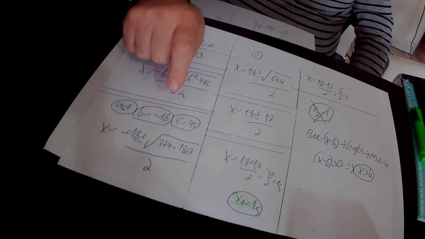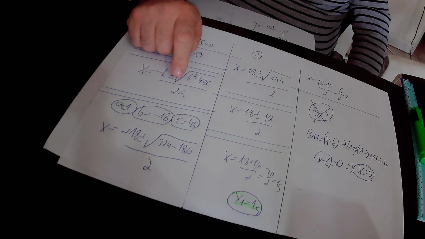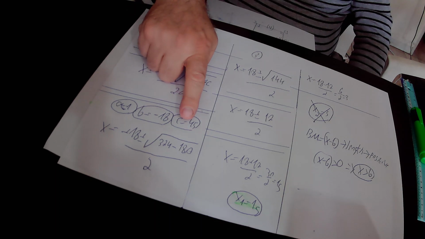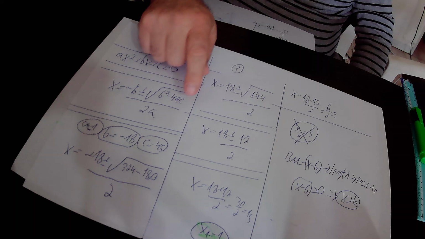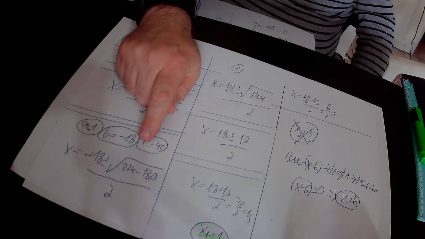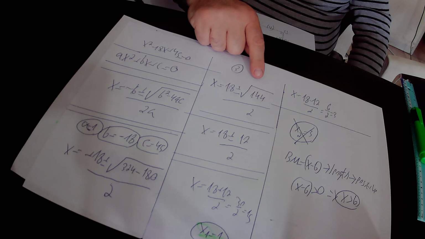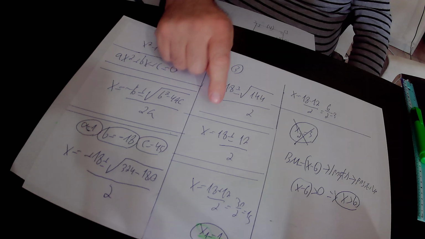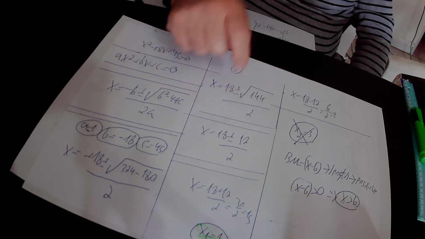In conclusion, x equals 18 plus or minus the square root of 324 minus 180, over 2. So 324 minus 180 is 144, and inside the root we are left with 144, divided by 2. So x equals 18 plus or minus the square root of 144, which is 12, over 2.